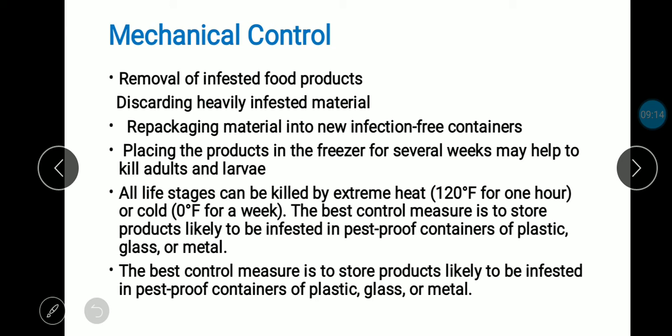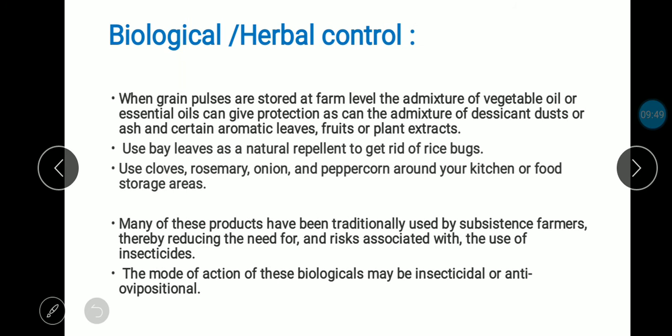All the life stages can be killed by extreme heat, 120 Fahrenheit for 1 hour, or cold, 0 Fahrenheit for a week. The best control measure is to store products likely to be infested in pest-proof containers of plastic, glass or metal. It is repeated. All these are the mechanical control methods.